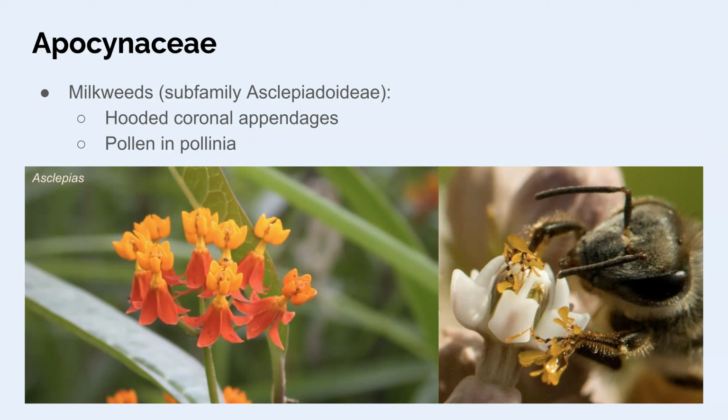Corona is sort of in between corolla, which are the petals, and the androecium, the stamens. So sometimes there's an extra level of organization. It's an organ, but it's not really one of these traditional organ types in the flower. So you rarely see it, but in groups that have it, you'll see it called this corona.